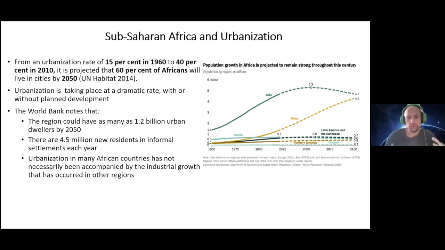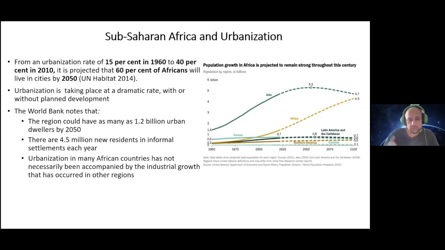There is a huge growth in cities in Sub-Saharan Africa, which in turn causes the expansion of slum regions or deprived urban areas. It is noted that we could have more than 1.2 billion urban dwellers by 2050, and there are more than 4.5 million new residents in informal settlements each year, and a big part of them in Sub-Saharan Africa.